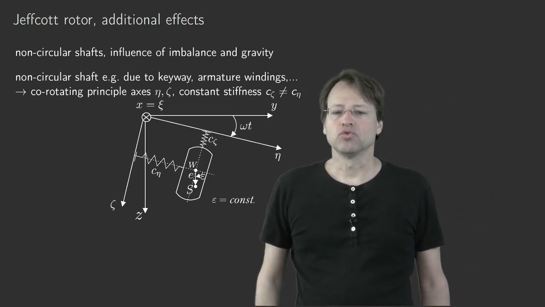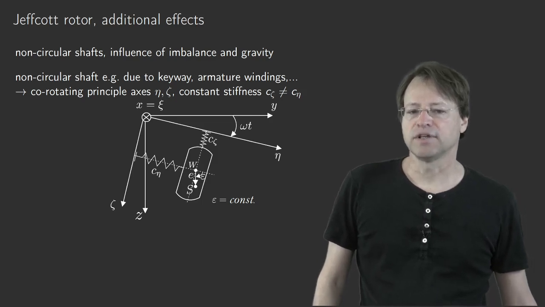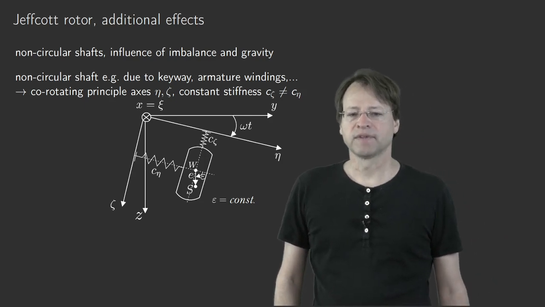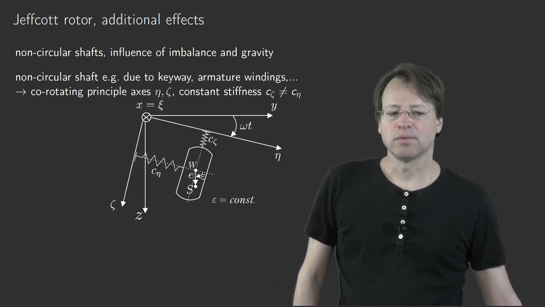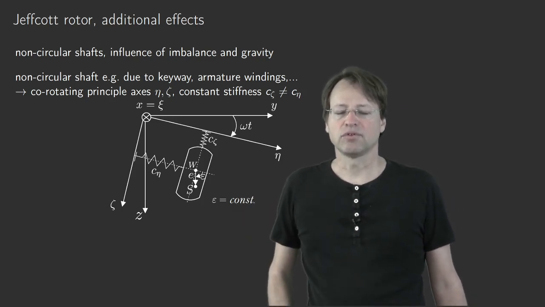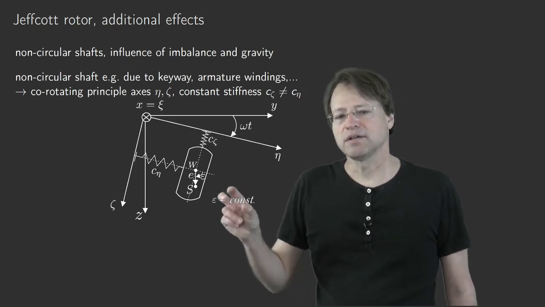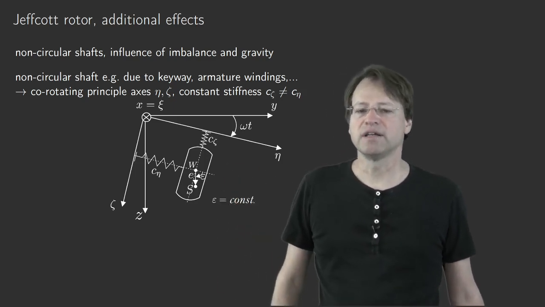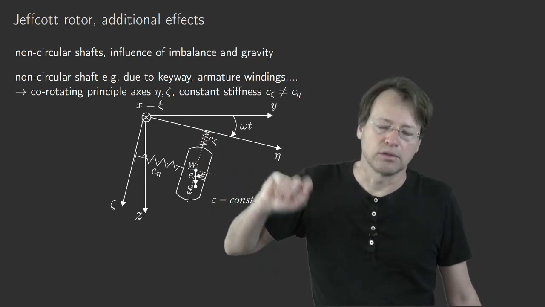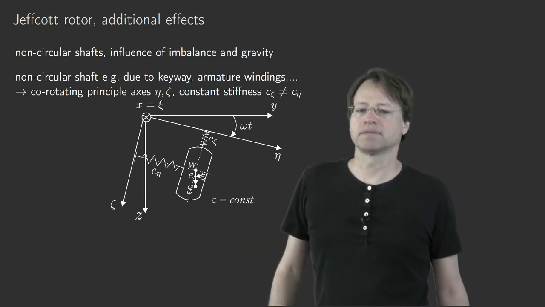In order to introduce these body-fixed, or co-rotational, coordinates, we have to introduce, first of all, kinematic conditions in the body-fixed coordinate system, and finally we have to transform our equations of motion, which are well known in the space-fixed coordinate system, to body-fixed coordinates.